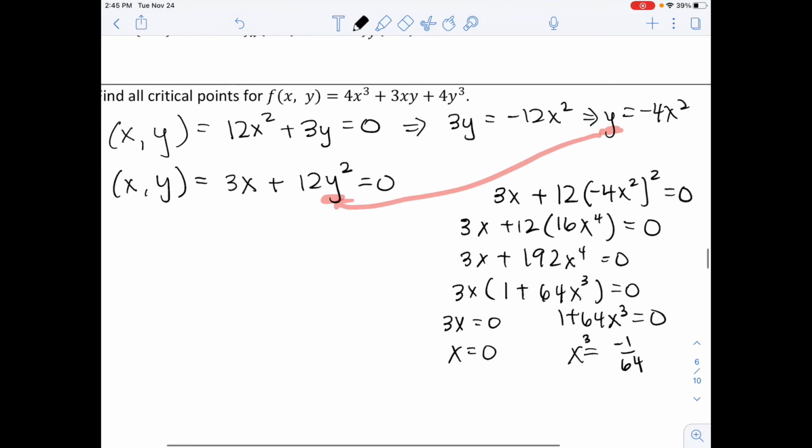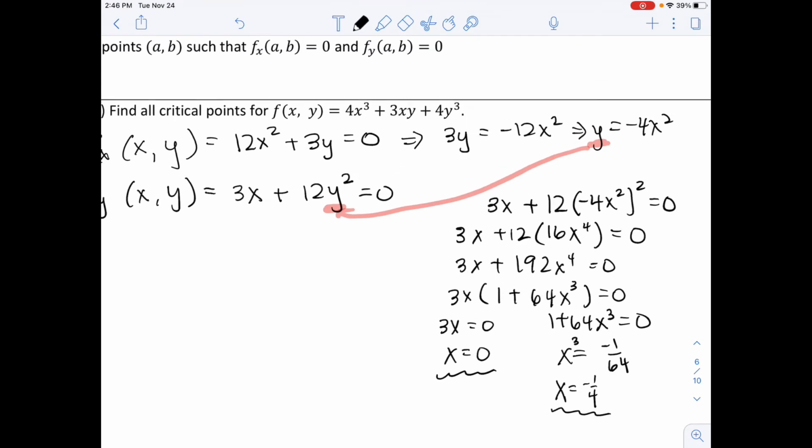Taking the cube root of this, the cube root of negative 1 is negative 1, and the cube root of 64 would be 4. So we get x is equal to negative 1/4. And so we have two values of x here.